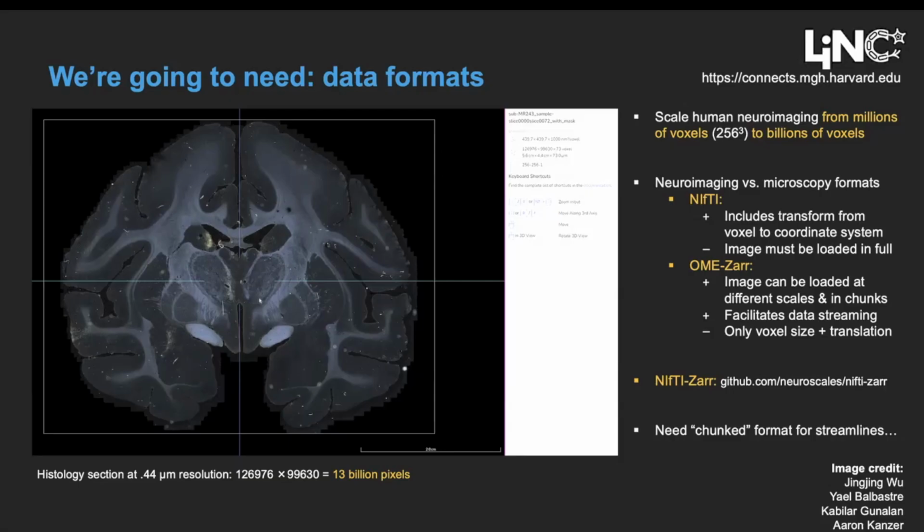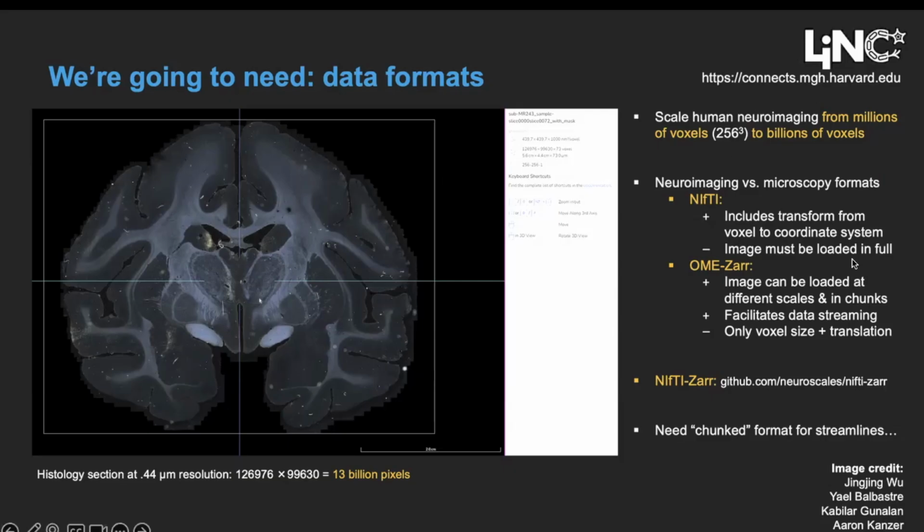One issue with this format is that it does not contain the full transform from the voxel to the world coordinate system. And so Yael has been working on a hybrid format, while in the meantime we're waiting, and hopefully the OME-Zarr community will start including this kind of information within the OME-Zarr data sets.